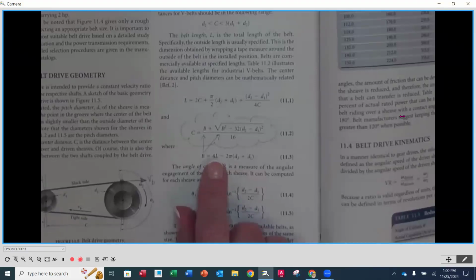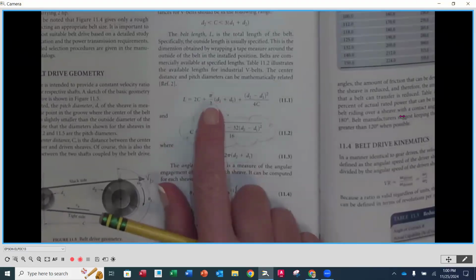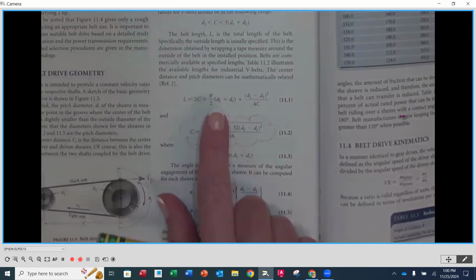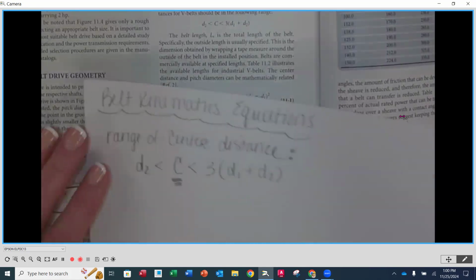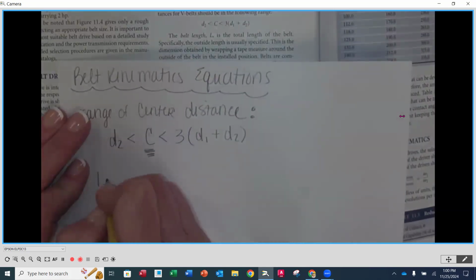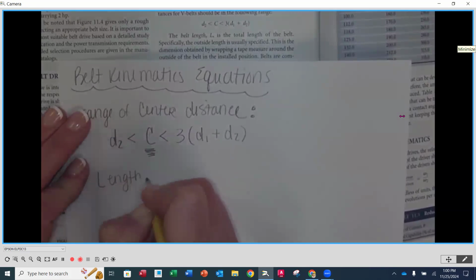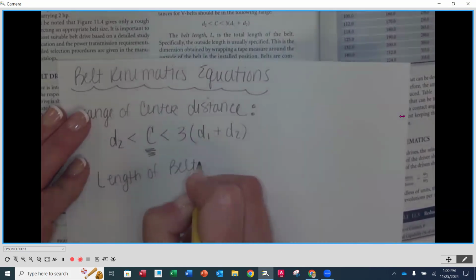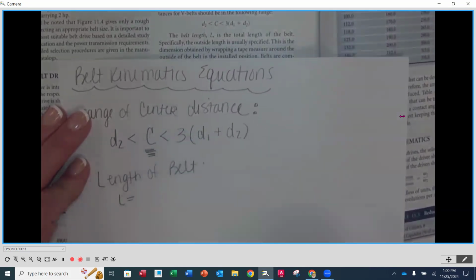Now, because you need the length of the belt, the length of the belt equation is above. So we need to write all 3 of these. So length of the belt is here. L, length of our belt, is going to be L is equal to, and this is the equation that you're going to write.